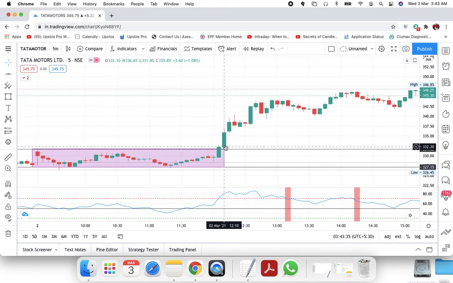So if you see, this candle's open is 332, that is the entry point for us. Okay, so we expected an uptrend, so we made an entry at 332.